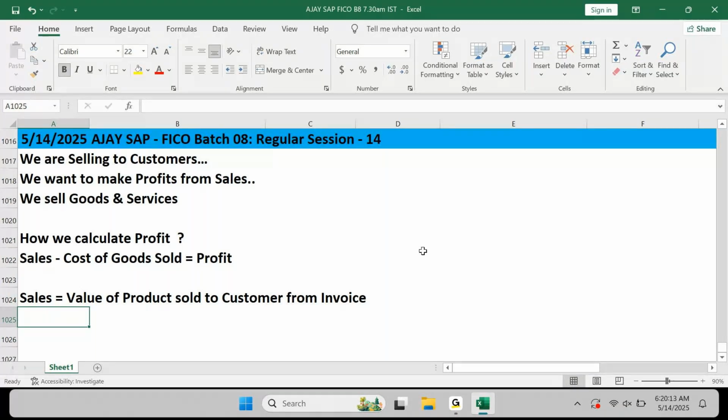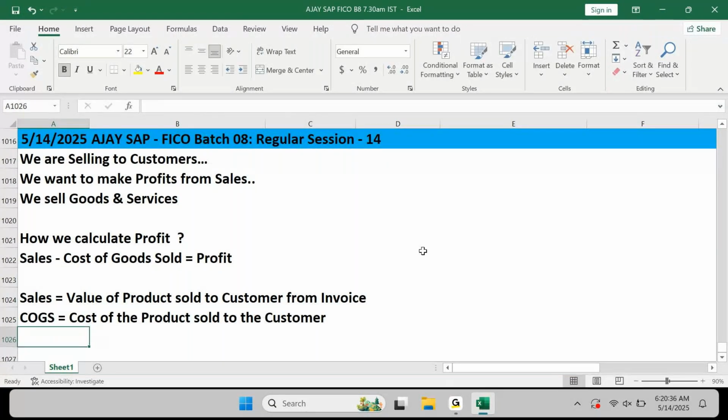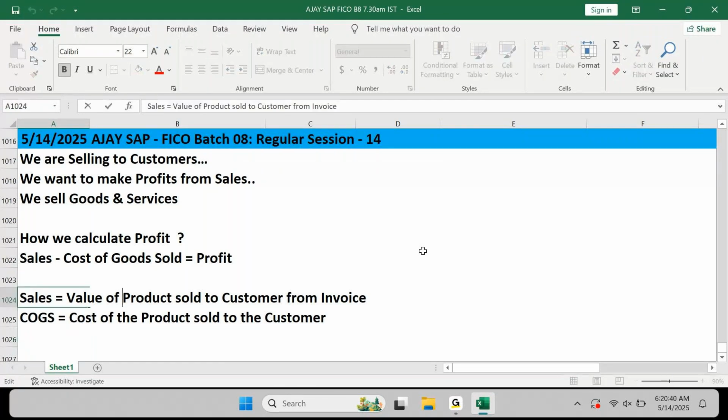Then cost is what? COGS. When we say COGS, we are referring to cost of goods sold: the cost of the product sold to the customer. Is this correct? Or I can say price here.